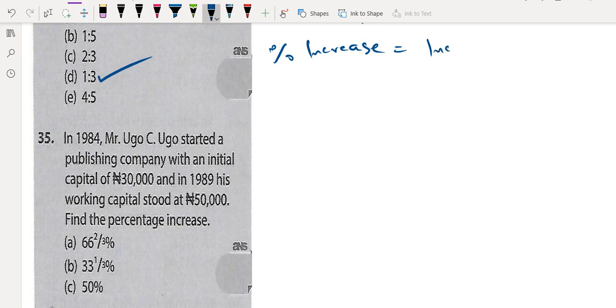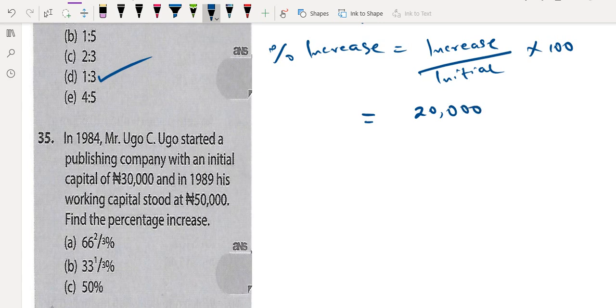So the increase over the original, which is like the cost price, right? Which is over the initial amount times 100. The increase is 50,000 minus 30,000.